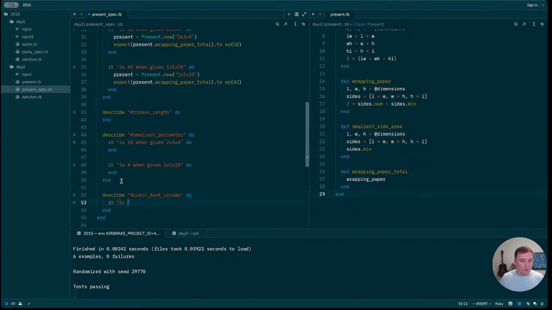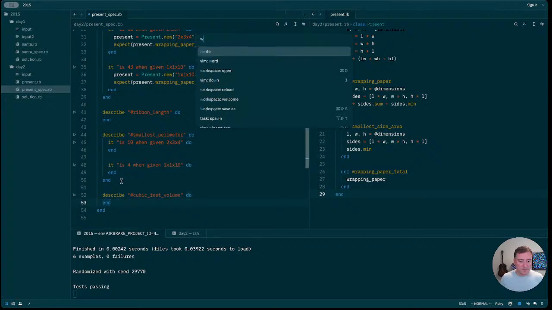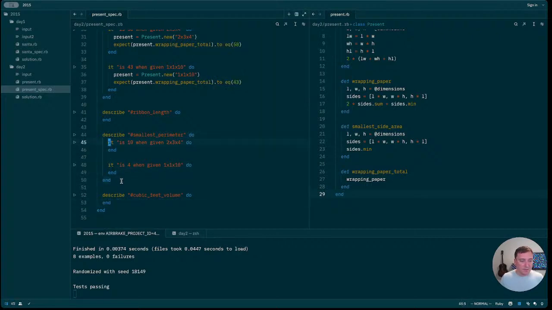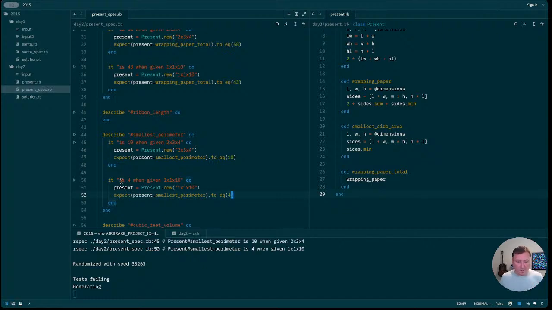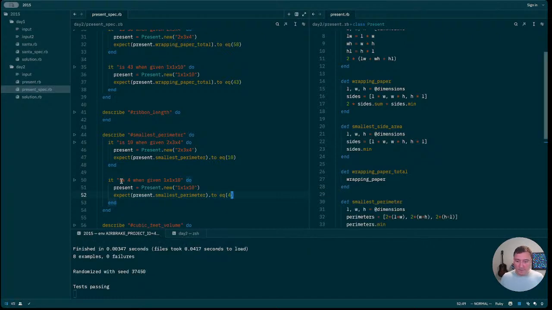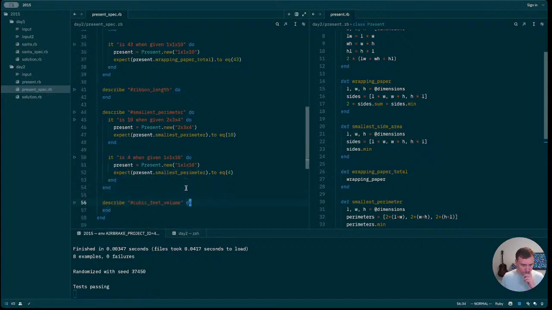And it is, well, let's go ahead and do this here. Present.new, expect present.smallest_perimeter to equal 10. Present equals Present.new, expect present smallest perimeter to equal 4. So now we are getting 2 failing tests, smallest perimeter, test passing.